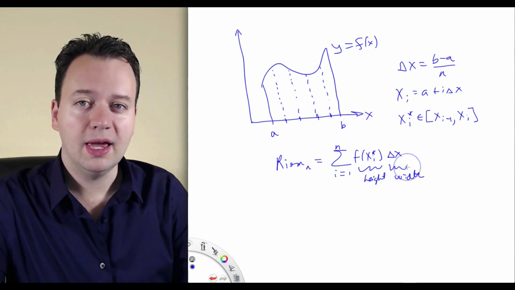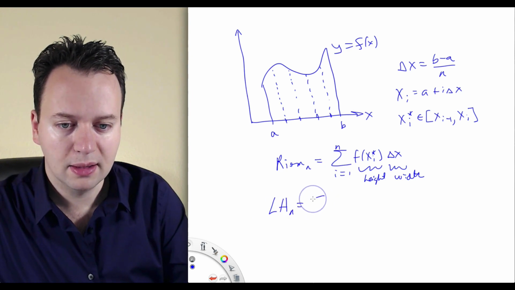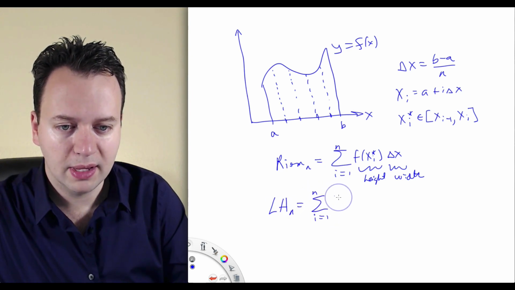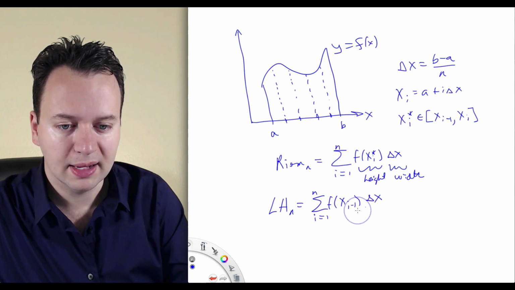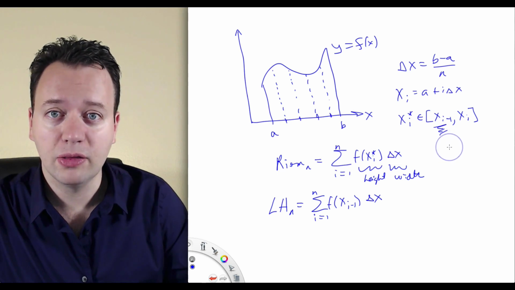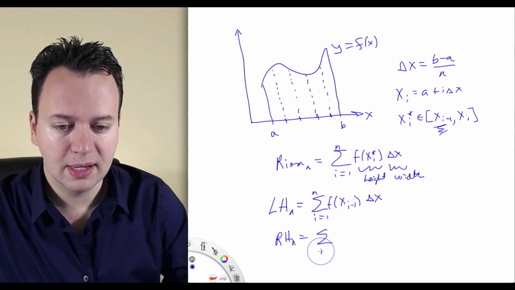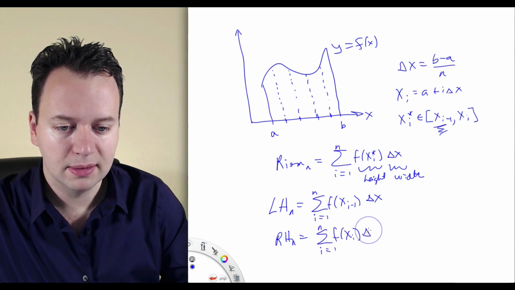Now, for the special case of a left-hand Riemann sum, so we call this L sub n, we get the sum i equals 1 to n of f of x sub i minus 1 times delta x. So x sub i minus 1 is the left endpoint of the ith subinterval. And for a right-hand Riemann sum, we had the sum i equals 1 to n of f of x sub i times delta x.